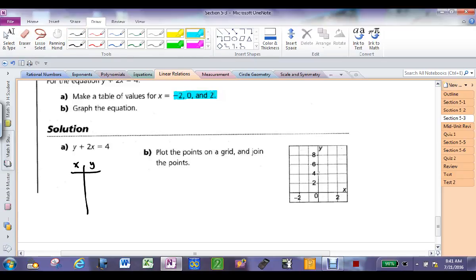Now this is something that kids never understand. If this wasn't here, who would choose the x values? I would, or you would. So when I do these questions, I'll put in -2, 0, 2. And the kids will be like, whoa, where did those come from? How did you know to use 0, 2, and -2? And I'll be like, it's input.